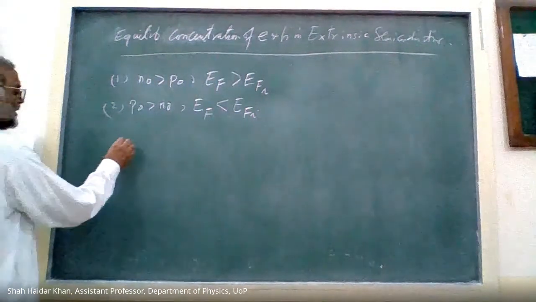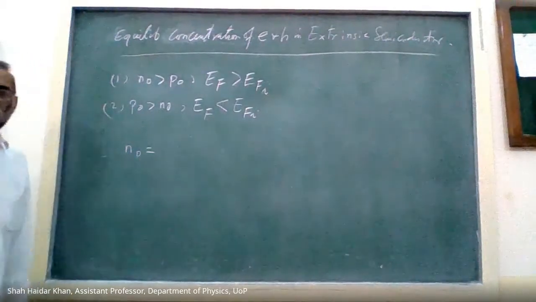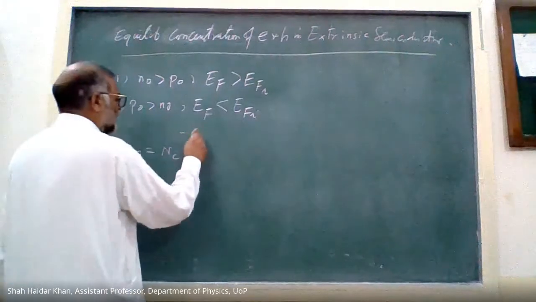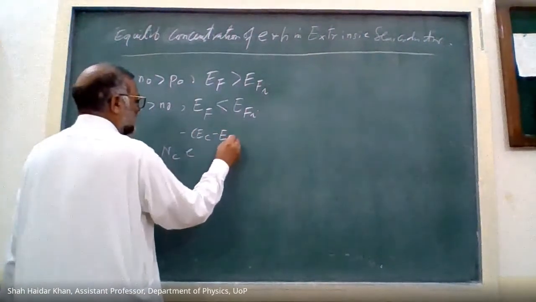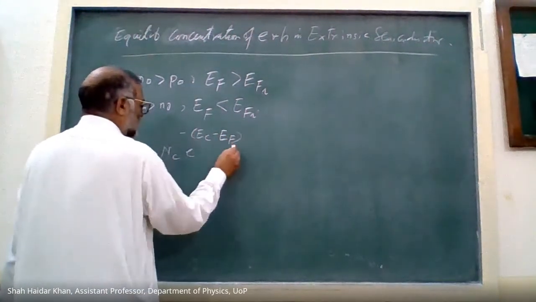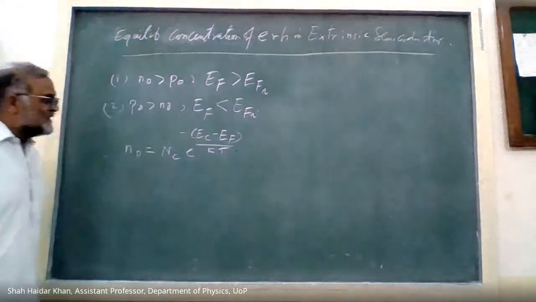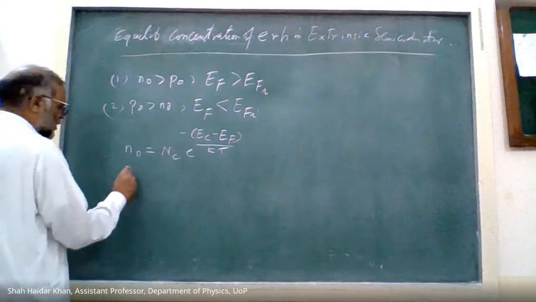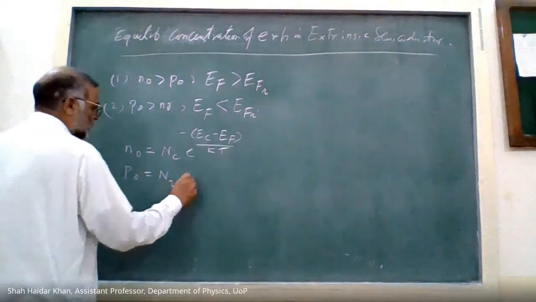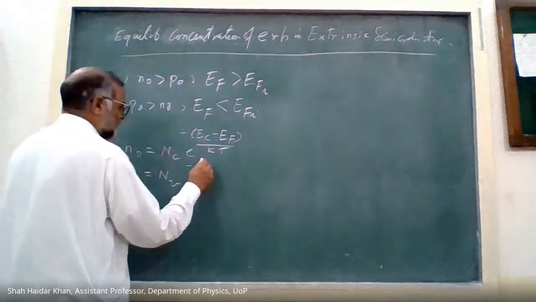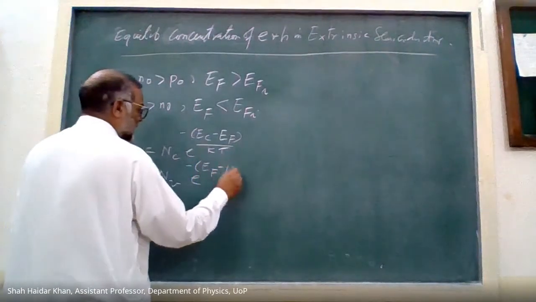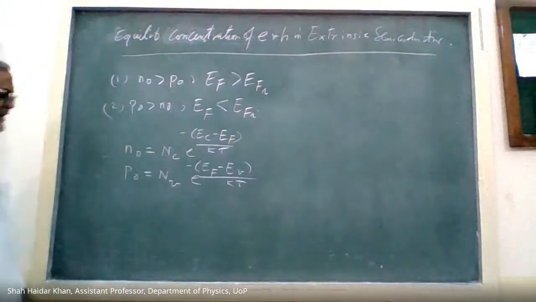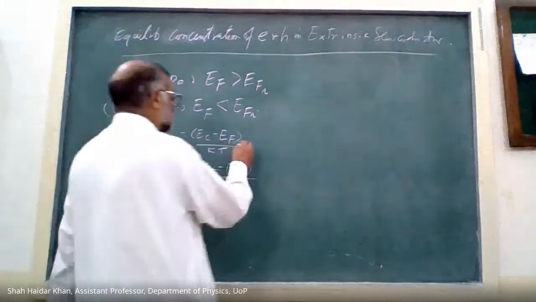We know that from the intrinsic situation, the equilibrium concentration of electrons was n naught equal to Nc e to the power minus (Ec minus Ef) over kT. That was the equilibrium distribution of electrons. And p naught was equal to Nv e to the power minus (Ef minus Ev) divided by kT.